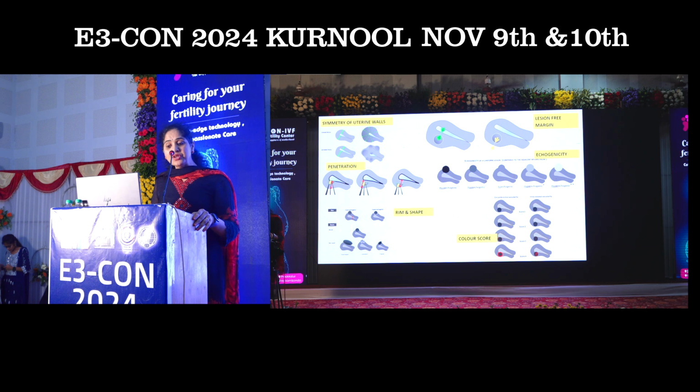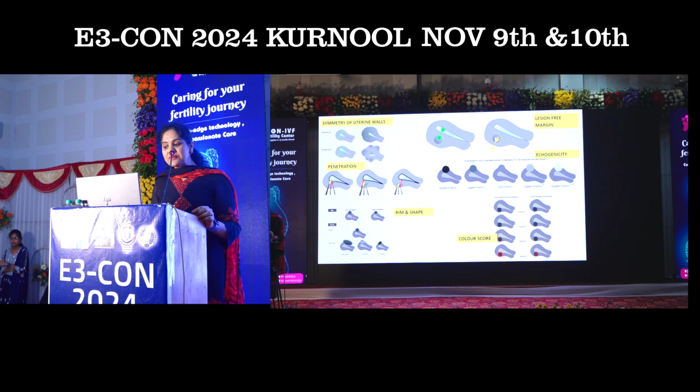You can have a range of appearances: diffuse, globular, asymmetry between anterior and posterior walls, contour asymmetry and distortion secondary to focal space occupying lesions. Once you define the nature of the lesion within, if it is a focal lesion, you have to comment on the lesion size, shape, position within the myometrium, and the lesion-free margin or its relationship with the sub-endometrium or to the serosa, and depth of penetration.